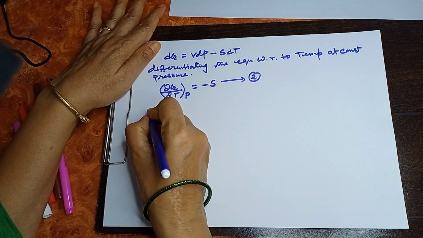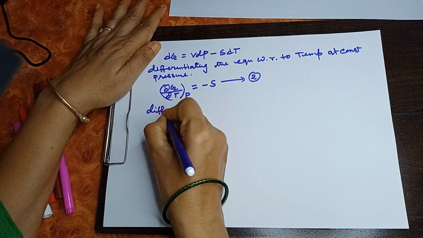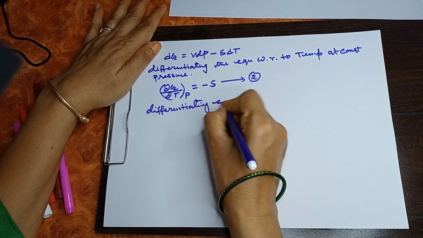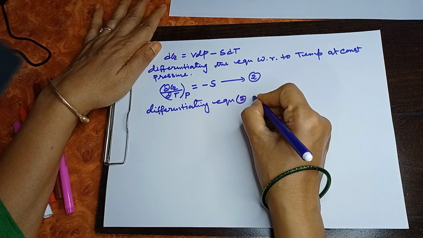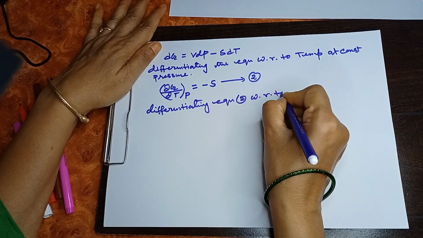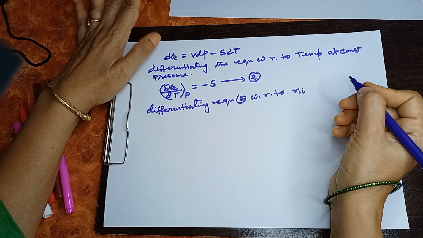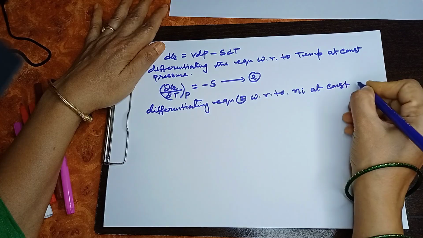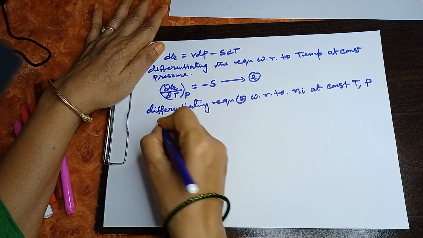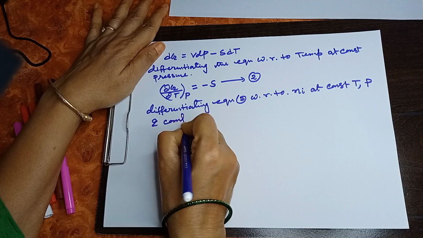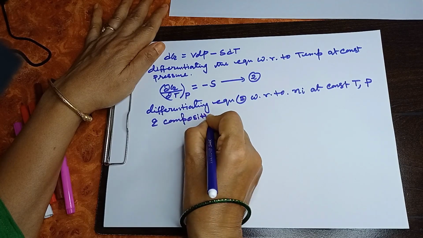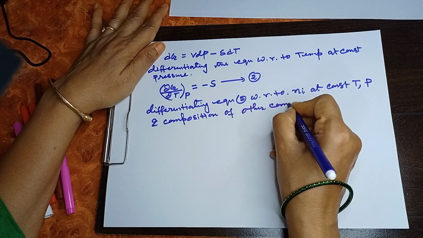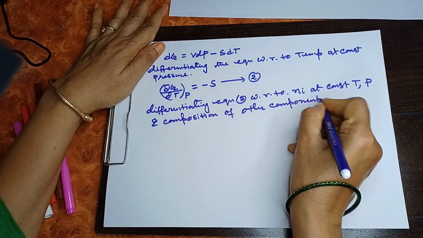So now, differentiating equation 2 with respect to Ni, number of moles of the ith component, at constant temperature, pressure and composition of other components, then what we can write?